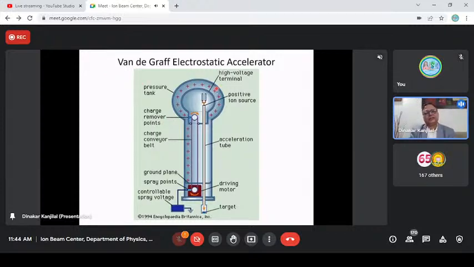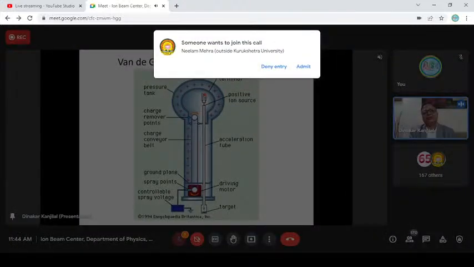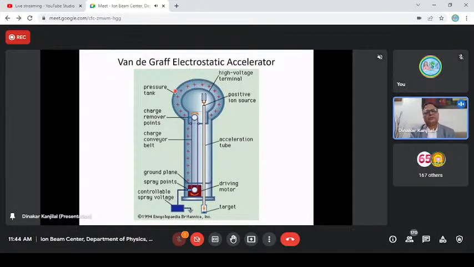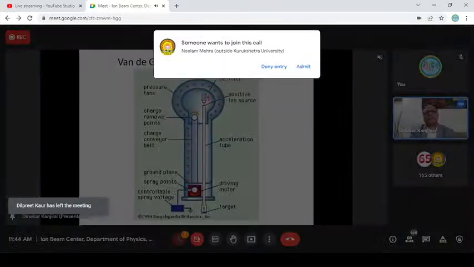This Van de Graaff you have also studied, but let me explain one thing. Here the ion source is placed within the high voltage terminal. This potential can go from 1 MeV up to typically 12 megavolt. So whenever you have to change the ion beam, one has to shut down the whole accelerator and replace this ion source, and these are always positive ion sources. How does it work?